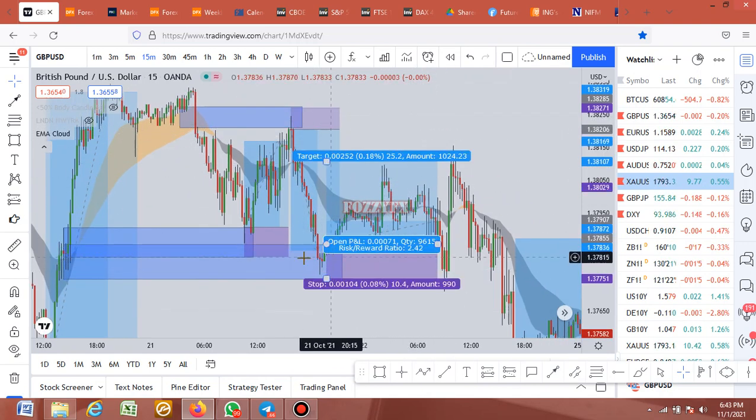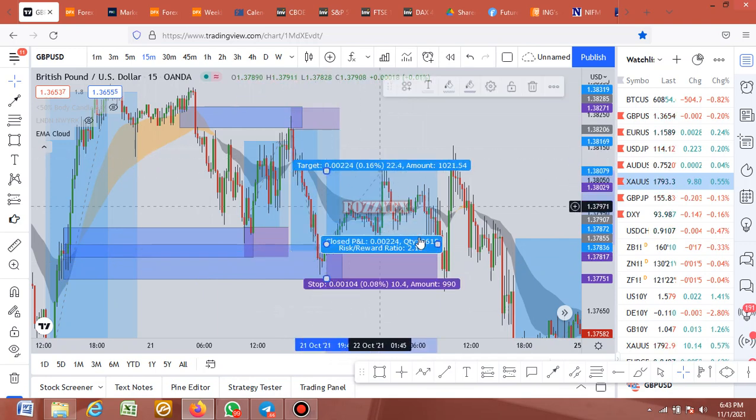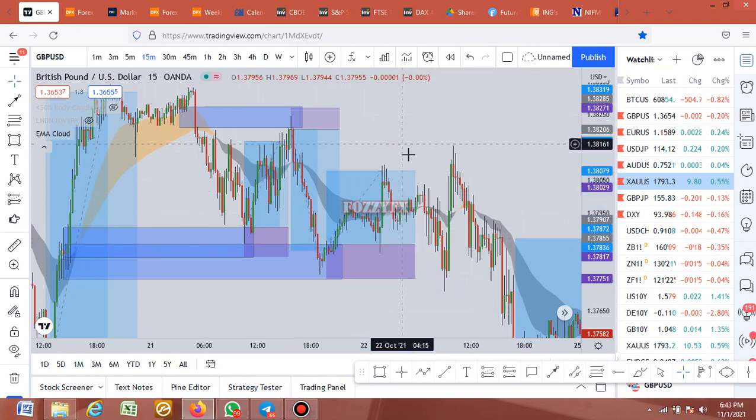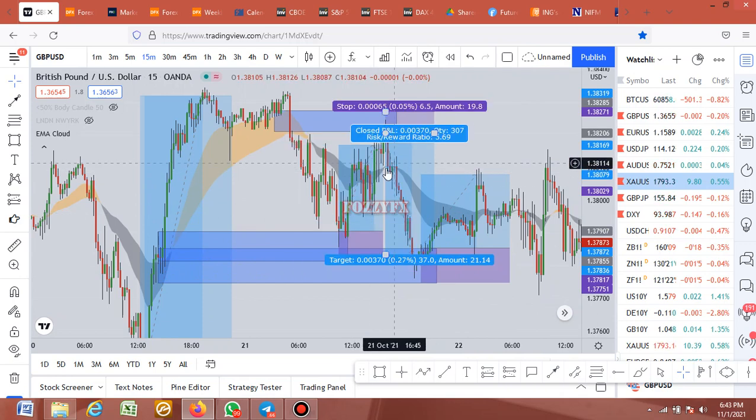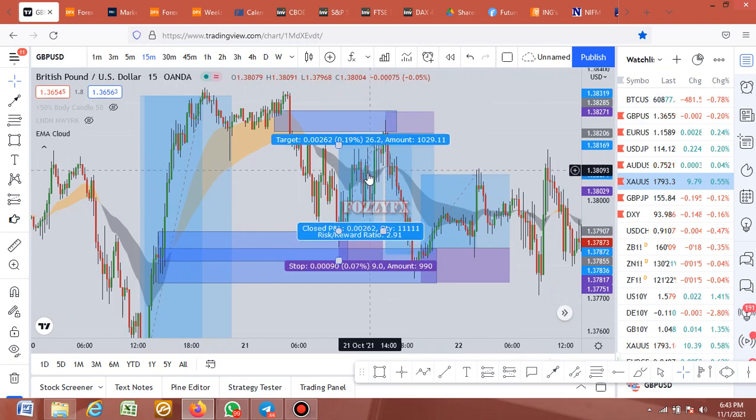And now we got in. Imagine we bought here, and we had just a 1 to 2, not a very nice trade. The reason why we had this rejection here is because we had another moving average cross, a bearish cross.